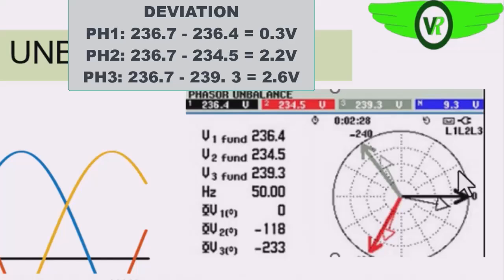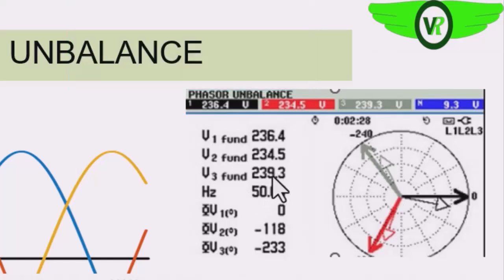Okay, so now the highest deviation from the average is at 2.6 volts. So our unbalance will be that highest deviation, 2.6, divided by the average that we calculated earlier, which is 236.7, and that will give us 0.011, which is 1.1%.